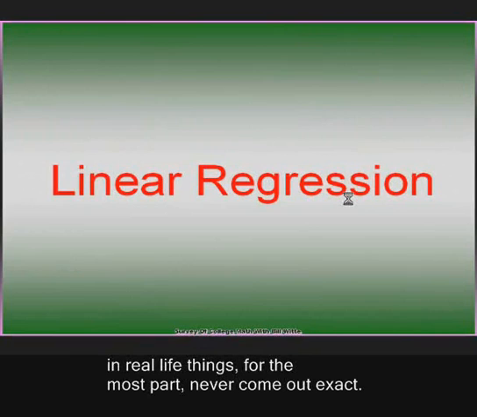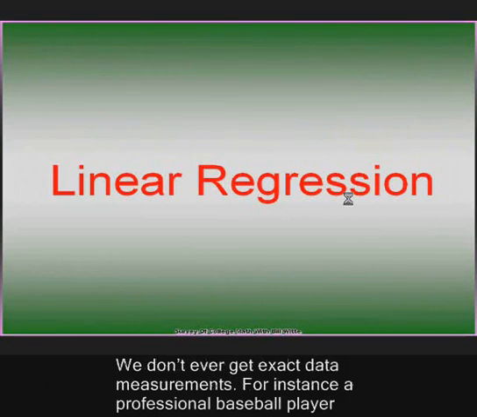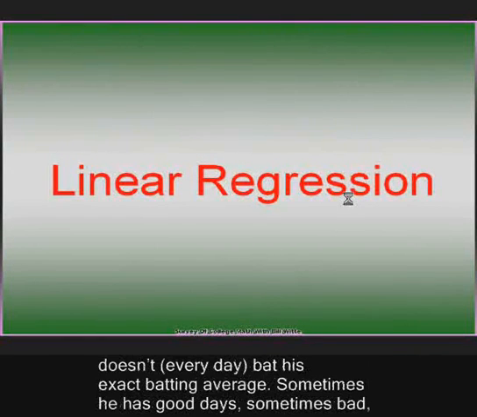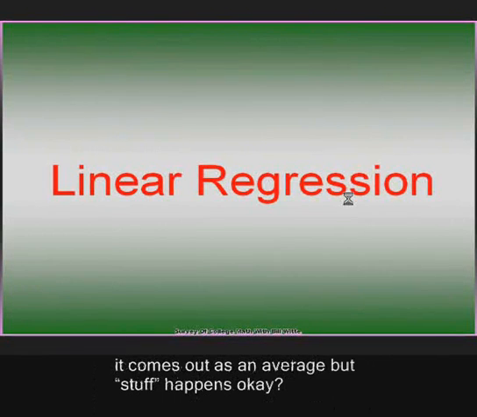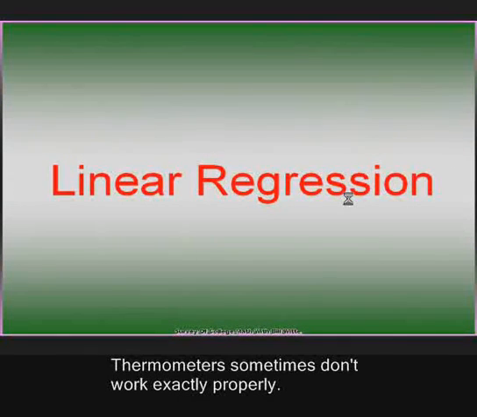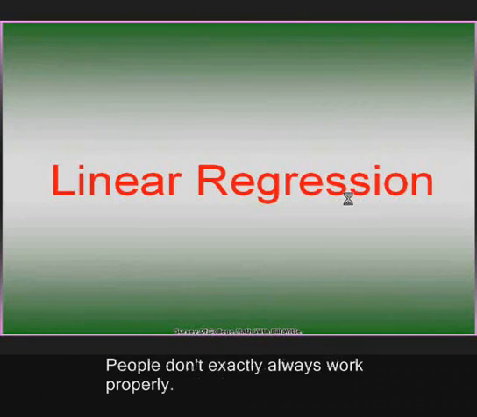We don't have exact points. A batter doesn't always, every day, bat his exact batting average. Sometimes he has good days, sometimes he has bad. It comes out as an average, but stuff happens. Thermometers sometimes don't work exactly properly. People don't exactly work properly. So things don't always come out exact.